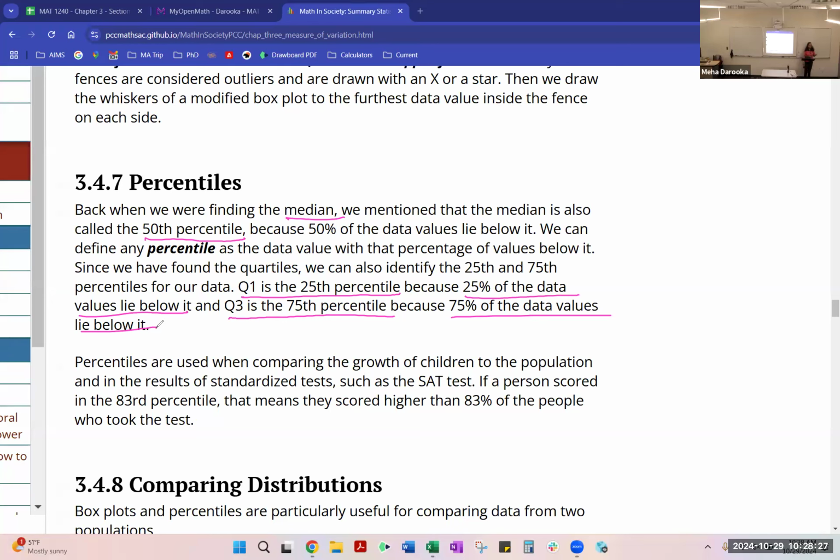And also in standardized exams, right? SATs, ACTs, and those kind of things. So the idea is if a person scored in the 83rd percentile, we would say of all the people who took SATs, 83% of them had a score below this student who was in the 83rd percentile.